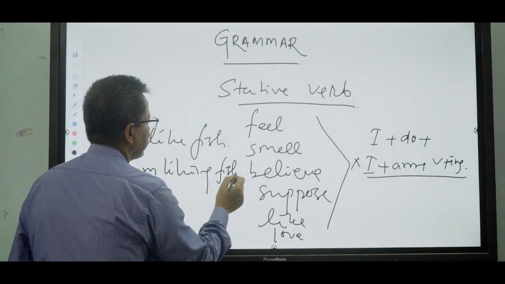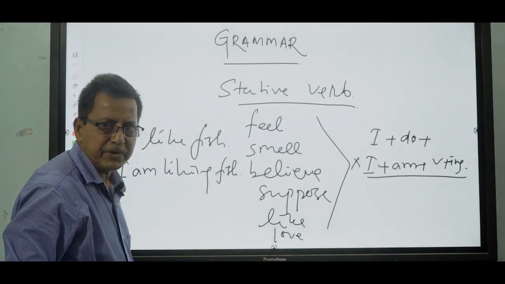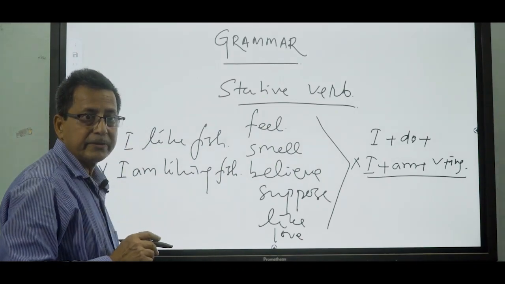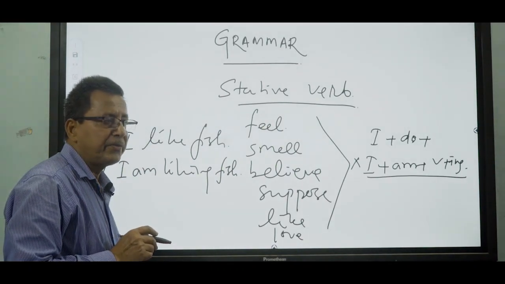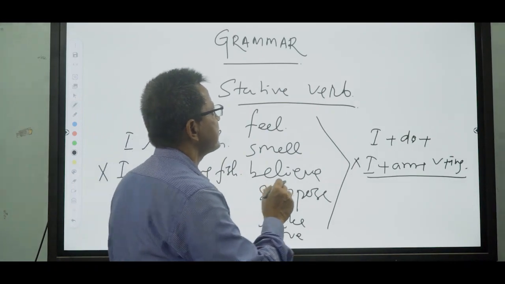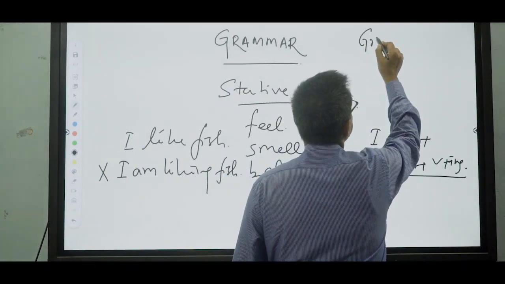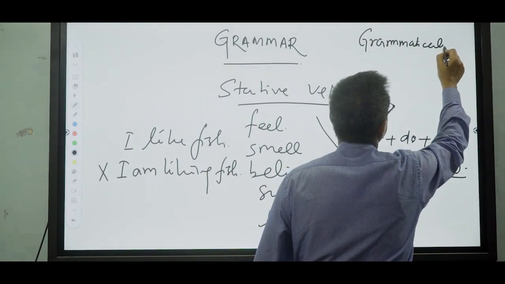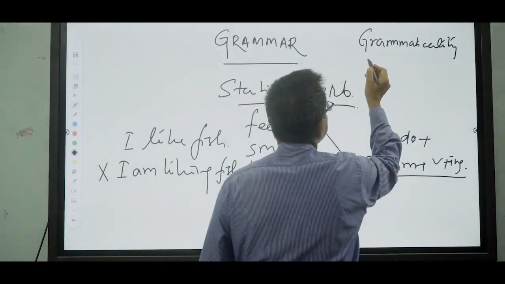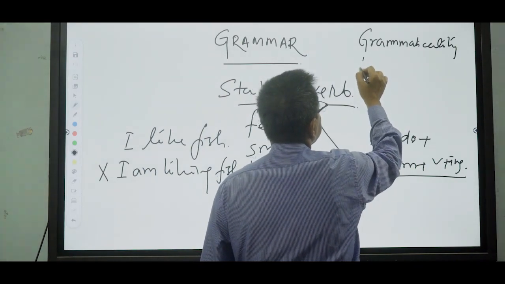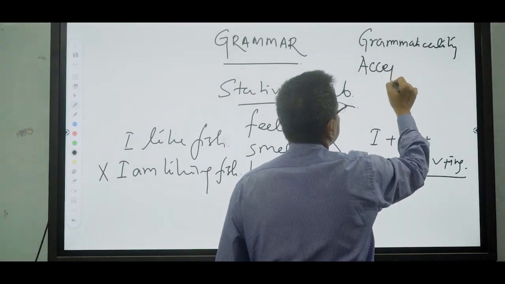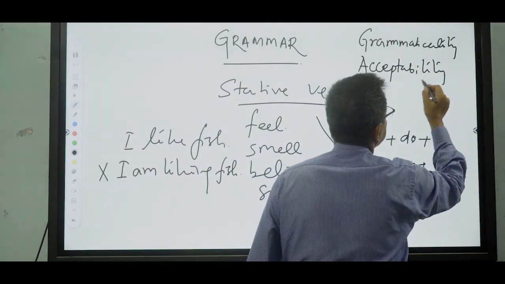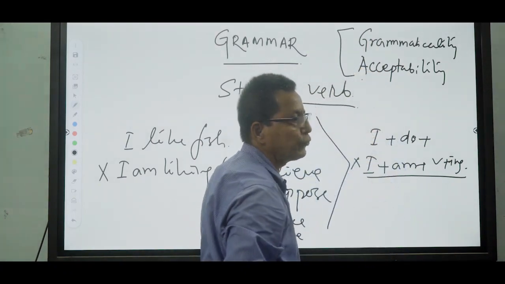This type of sentence is not acceptable in English. I don't say that the grammar is wrong, but there are 2 things we must remember, that one is acceptability and the other is grammaticality. In order to write correct sentences, we have to conform to 2 things.